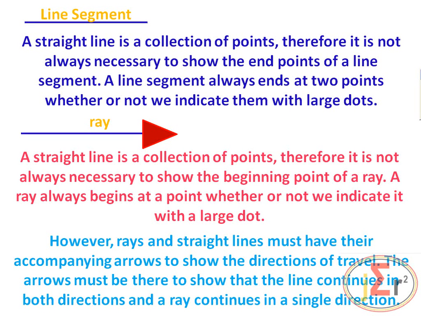So although the enlarged points are not necessary, it is very important that we have in our line and in our ray the accompanying arrow, because the accompanying arrow will show that the line continues indefinitely in both directions while the ray continues indefinitely in only one direction. Additionally, it shows the single direction in which the ray is going.